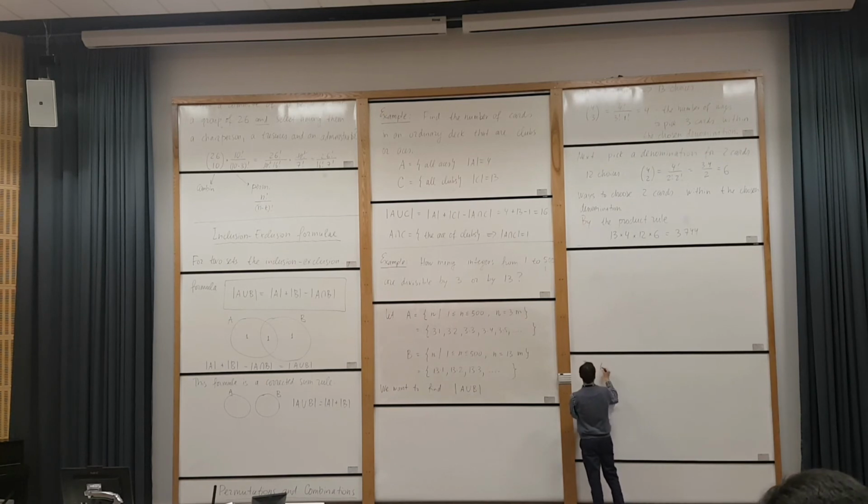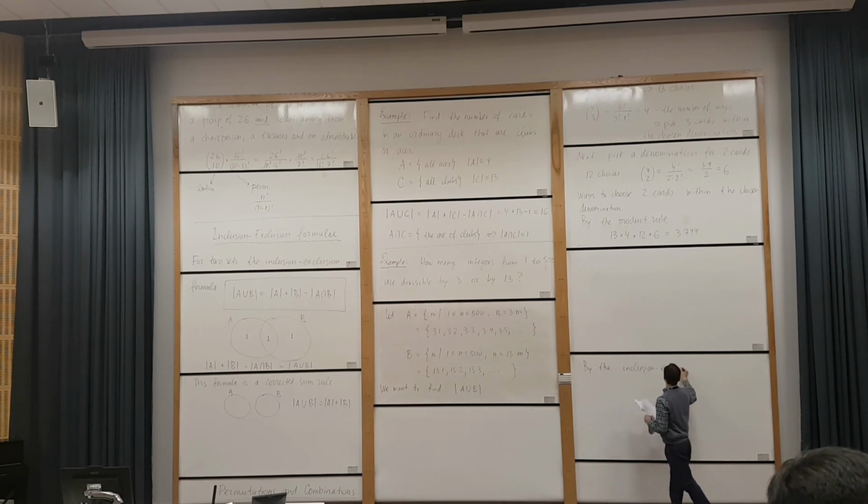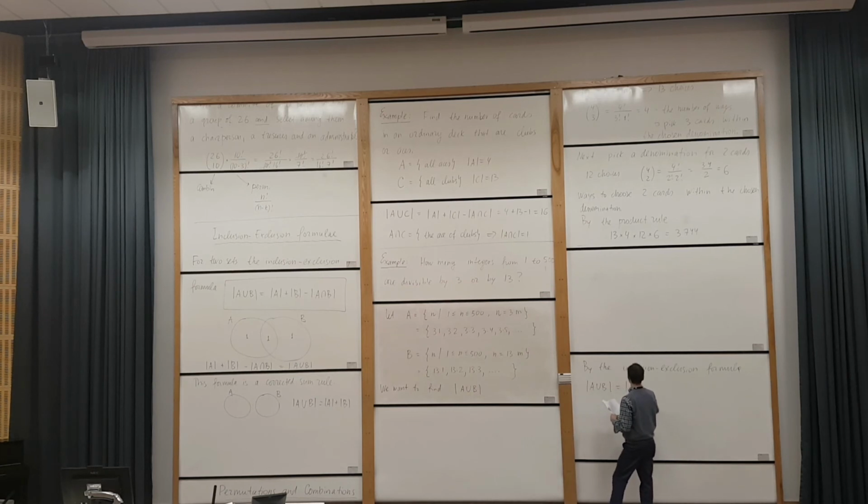By the inclusion-exclusion formula, the number of elements in the union of A and B equals the number of elements in A plus the number of elements in B minus the number of elements in the intersection.